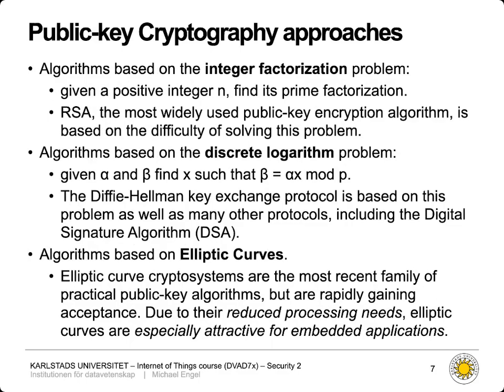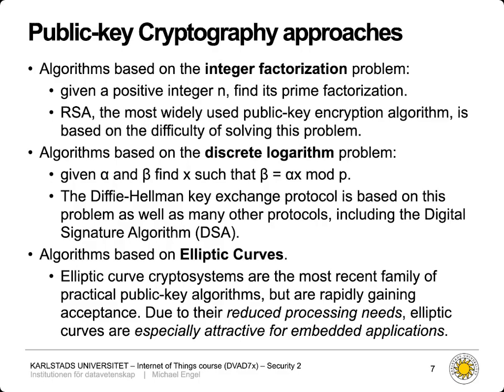So these mathematical approaches are generally divided into three major classes. First we have algorithms based on the problem of factorizing integers. So we assume we have a large positive integer n, and then we are trying to find its prime factors. An example of public key cryptography is RSA. This is the most widely used public key encryption algorithm, and this is based on the difficulty of solving these problems.